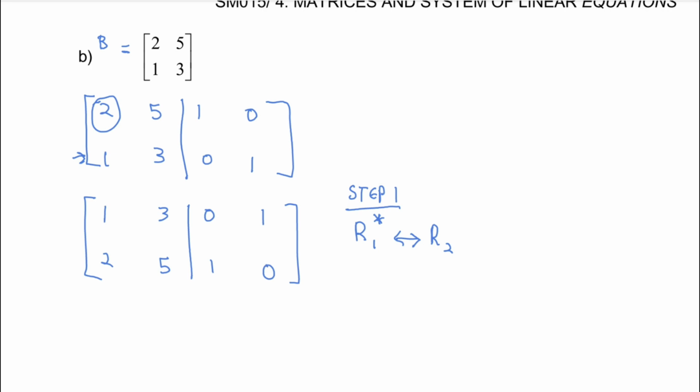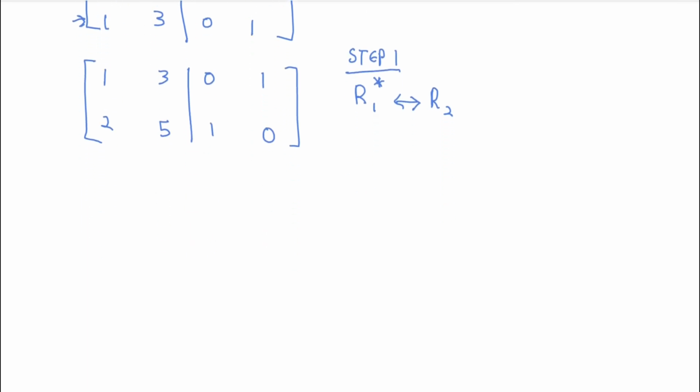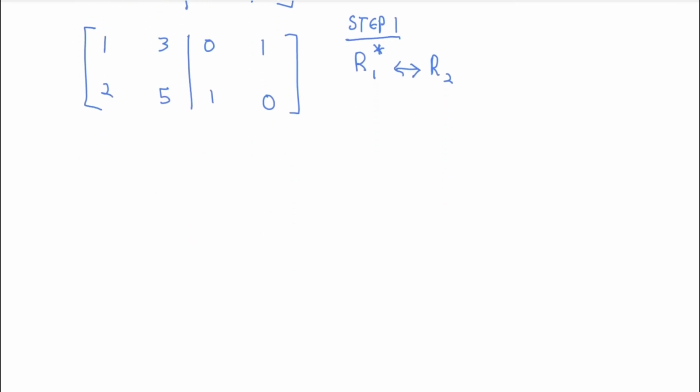Then for step 2, you want to obtain the element here into 0. So the new row 2 is equal to the old row 2, because it's 2, so 2 minus 2, you will get 0.